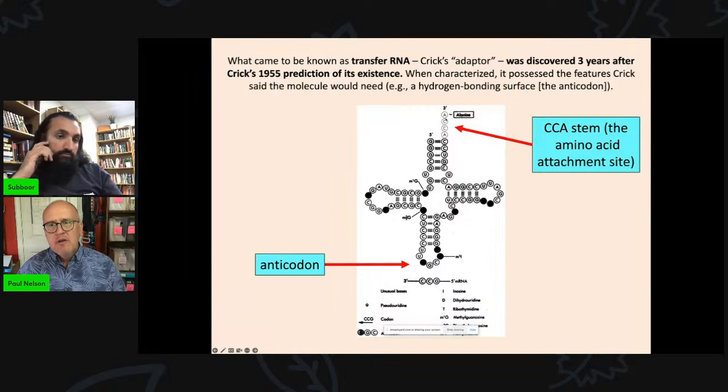Up here, 75 angstroms away, that's quite a distance, is alanine at the CCA stem of the tRNA. And this is a true code. This codon via the anticodon means alanine. So this is the chemistry end, the business end of the information transfer that he knew had to be there.